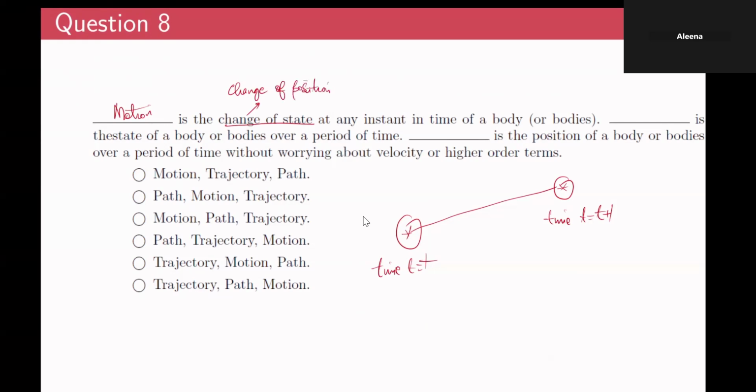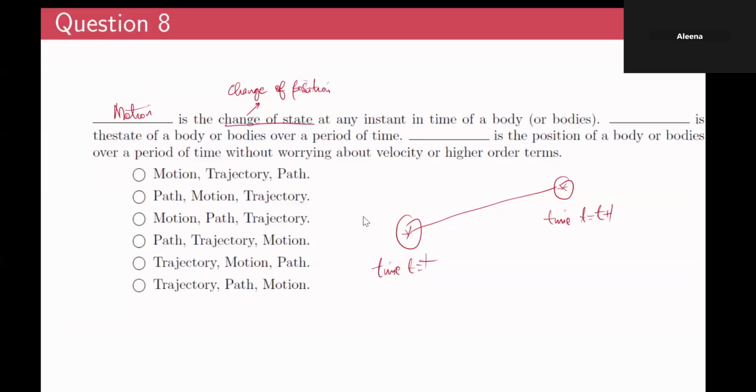So if a robot is in one position at time t and it changes to some other position at time t equal to t plus 1, we call the change of state or change of position as motion. But we don't know how that change of position has been achieved. We simply know the start position and the end position. We don't know how it changed. It could go by this path, it could go by this path. We don't know that detail. We only know the start and end configuration. So, we call such change of states as motion.